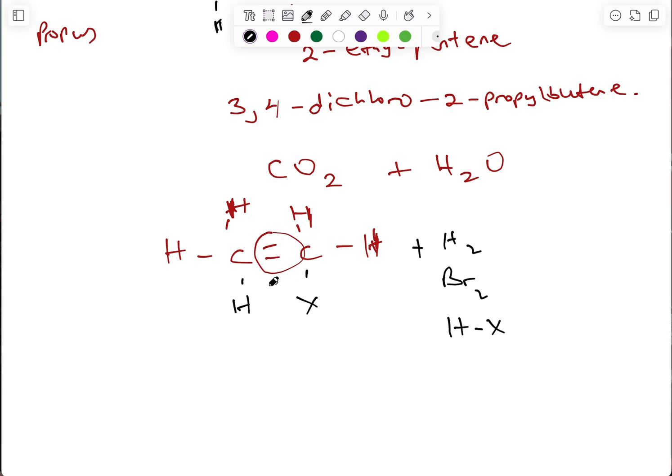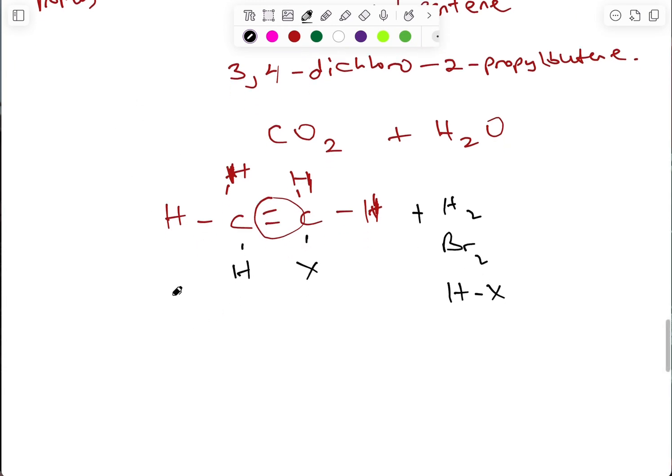However, this one is symmetrical. What if I have the case of H, C, C with a double bond there, then I have C here, H here, H here?